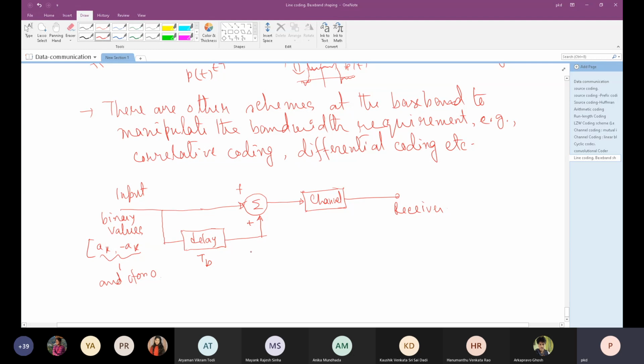So that way we can manipulate it. This is called correlative coding, because by doing this summation, essentially we are introducing some kind of correlation. We will not discuss further, but this is again to manipulate the bandwidth of the signal.